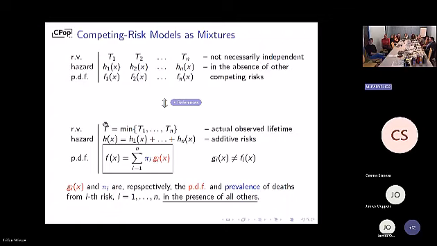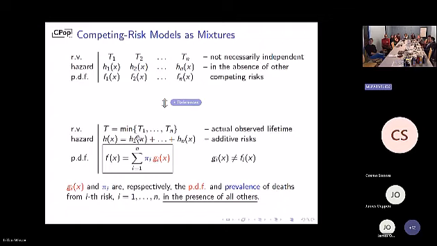lifetime of an individual. And if these things are independent, it is quite straightforward to derive that the hazard of t here is just the sum of these hazards above. And the other way around.